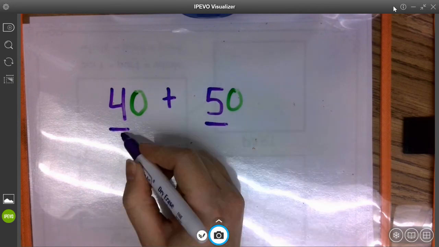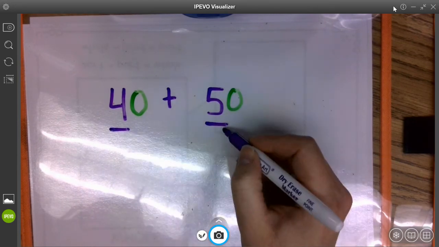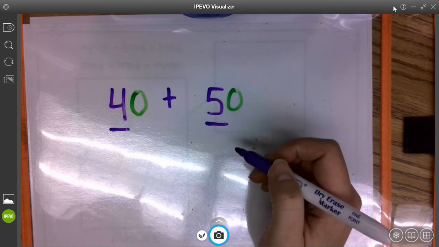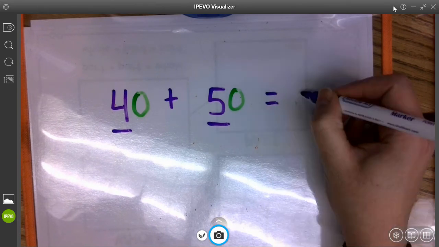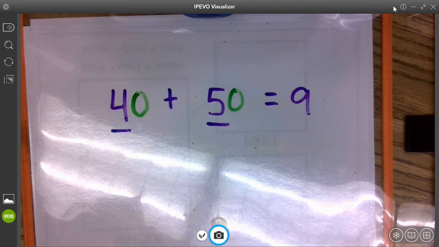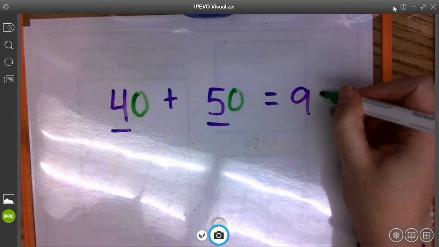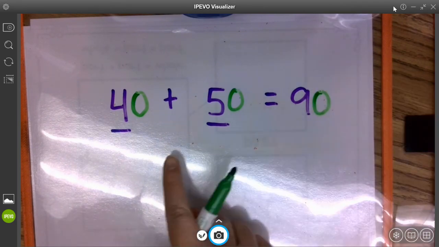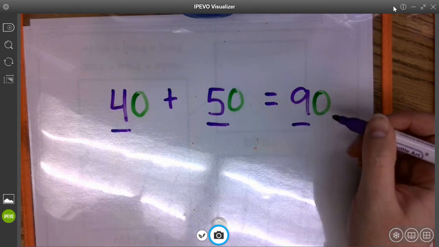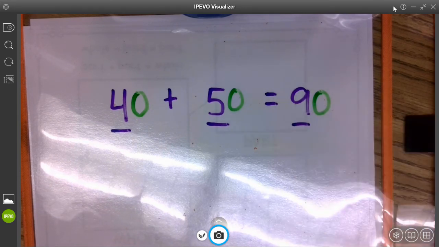If you know what 4 plus 5 is, then you know what 40 plus 50 is. So what's 4 plus 5? Look, think, speak. 9. But we're not talking about ones, we're talking about tens. So 4 tens plus 5 tens, or 40 plus 50, equals 9 tens, or 90.